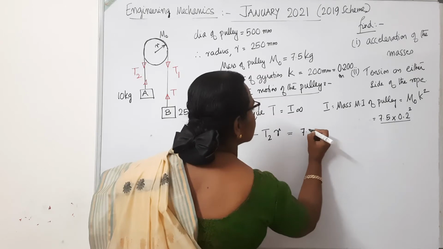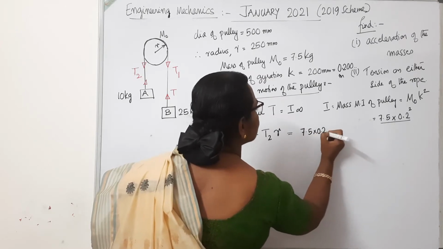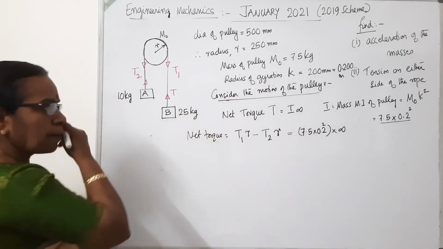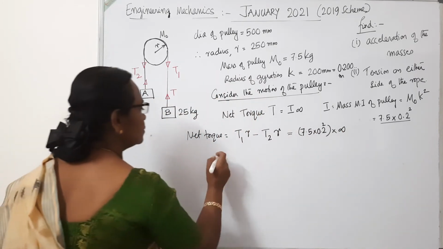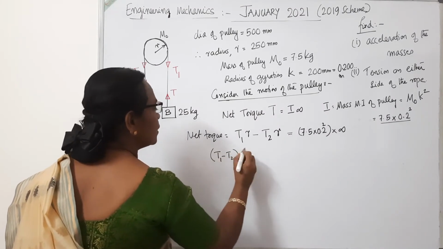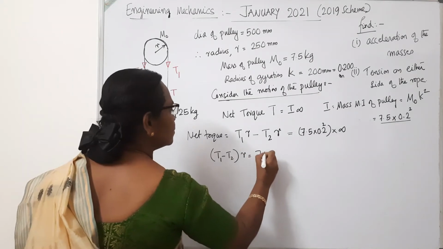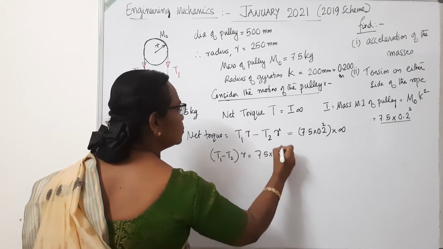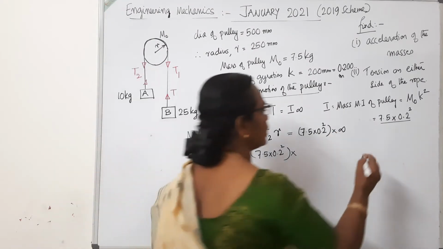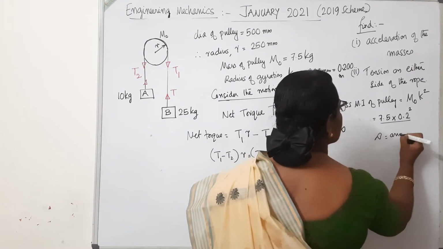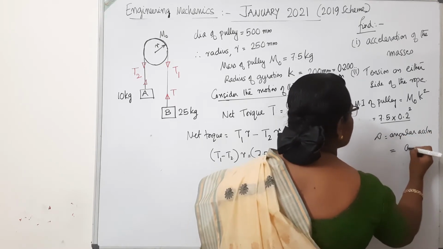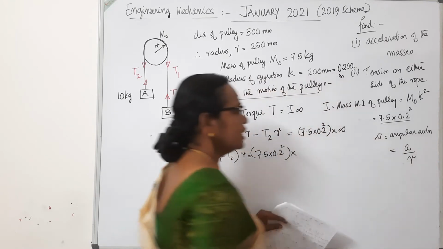I is 7.5 into 0.2 squared, into alpha. Now, we can write it as (T1 minus T2) into R is equal to 7.5 into 0.2 squared into alpha. Alpha is the angular acceleration, which can be written in terms of the linear acceleration.